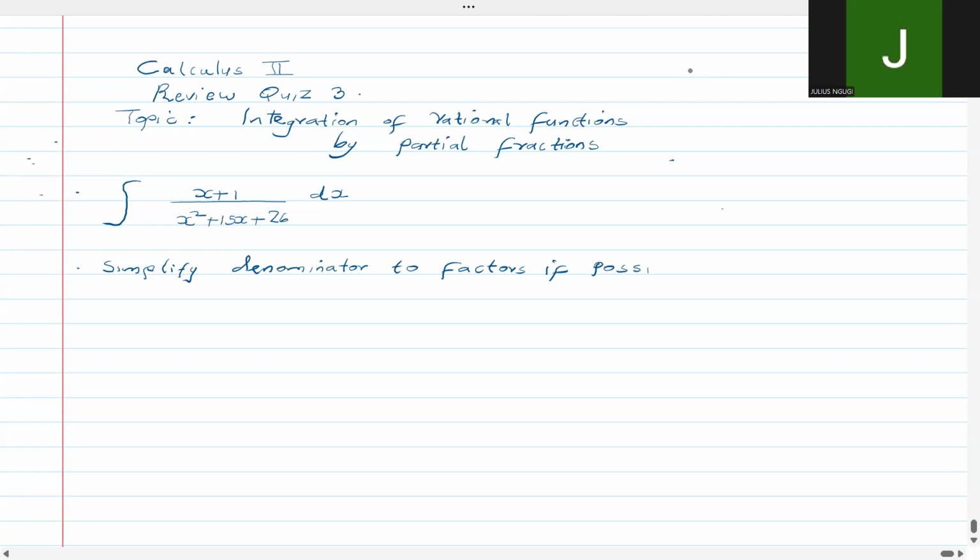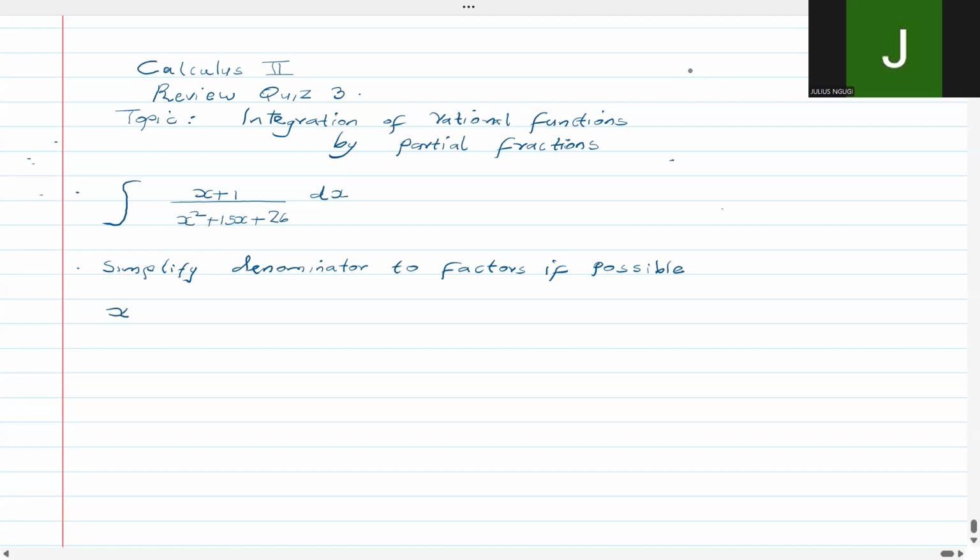And we start by that step here because the numerator polynomial degree is smaller than the denominator polynomial degree, so we don't have to do the long division technique.